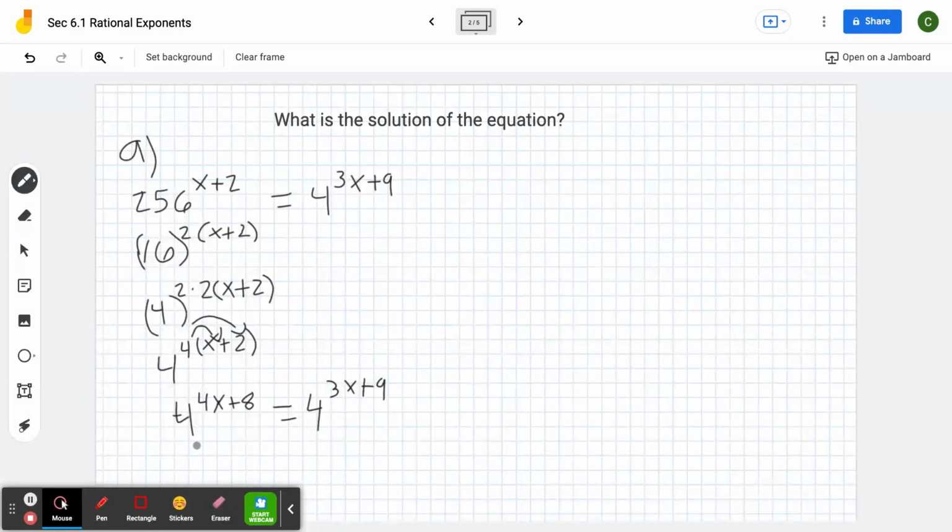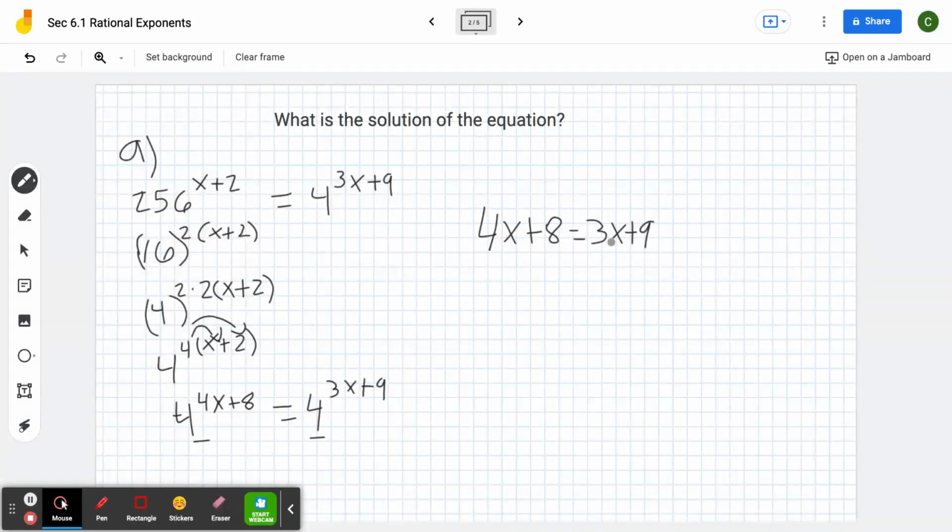And since I have the same bases now, and that's what we wanted, we needed same bases, and when we have same bases, I can go ahead and set their powers equal to each other. So 4x plus 8 equals 3x plus 9.